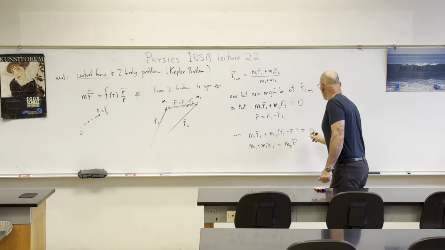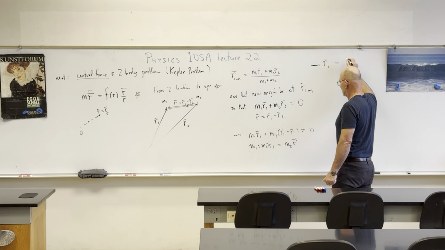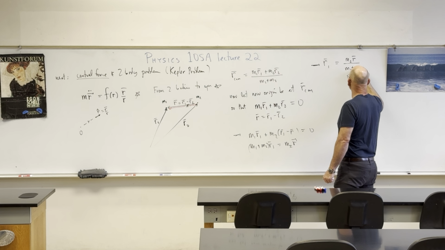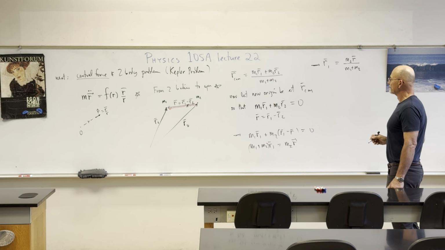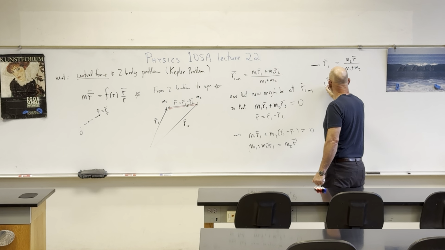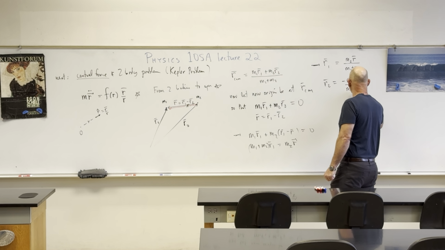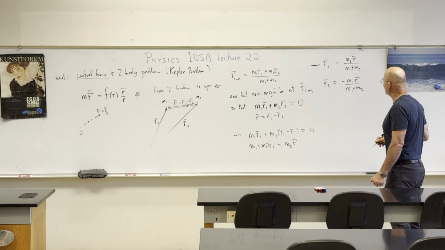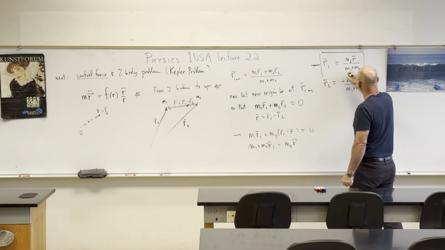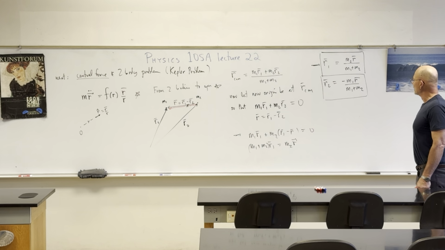Yeah. And that brings us to the first expression. So R1 is M2 R over M1 plus M2. And then R2 is going to be minus M1 R over M1 plus M2. So now we have these expressions in terms of that relative vector, origin to the center of mass.